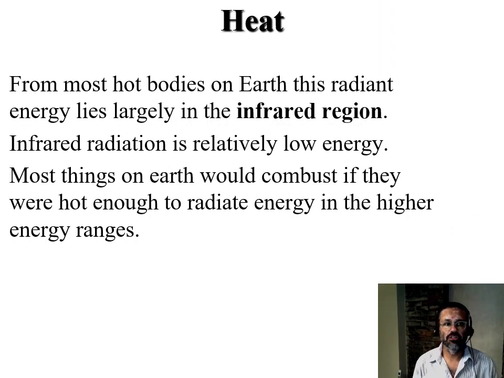So for most hot bodies on Earth, this energy lies in the infrared range. Infrared radiation is relatively low energy. If it was any higher, we would instantly combust, especially if we could see it. Think about the colors that you can see when certain things get really, really hot, when normally, when they're not hot, you don't see them.